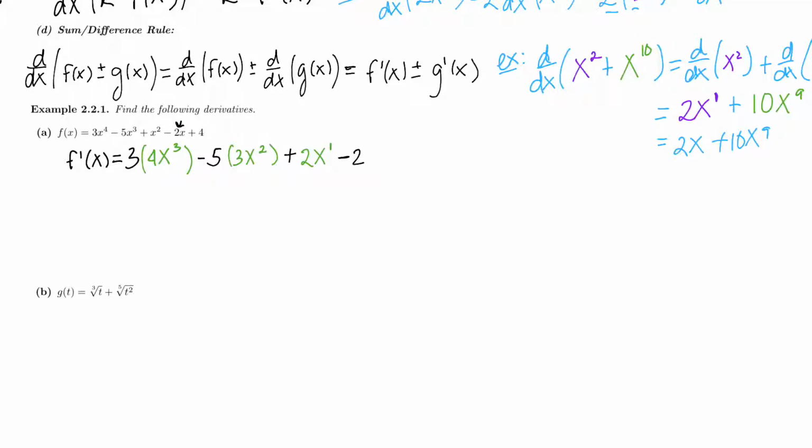Where there's the 2. Technically, x is the same as x to the 1. So if you're taking the derivative of x, you bring the 1 down, and then 1 minus 1 is 0. Finally, the derivative of a constant, and just a constant alone, remember, was 0.